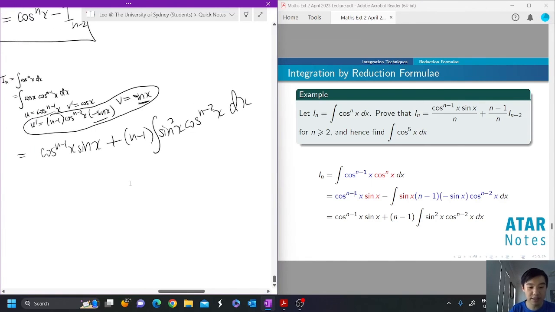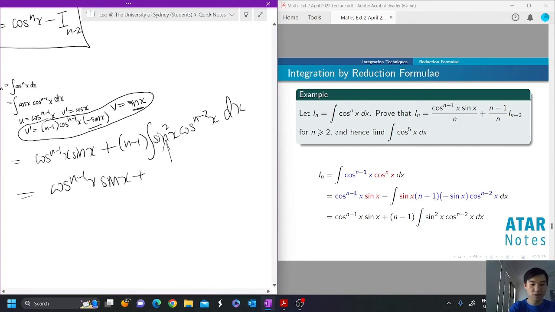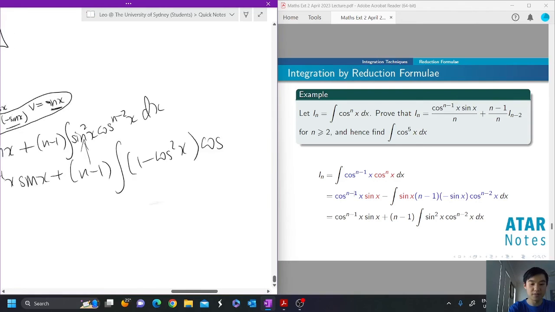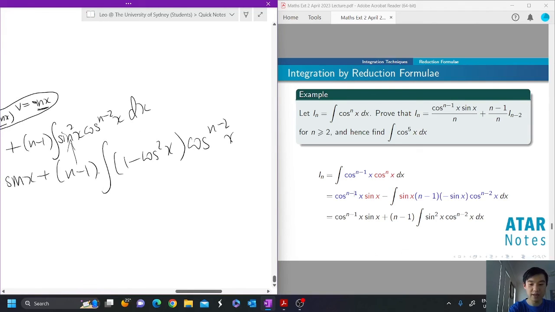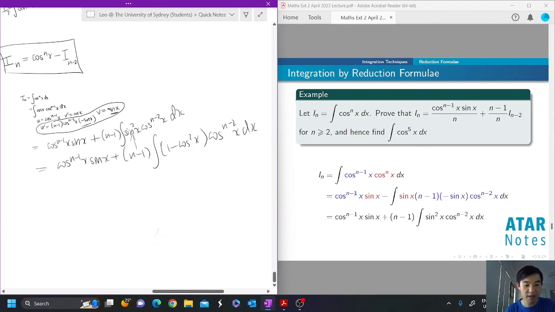And the way you continue doing this is, notice how this is sine squared x. You can convert that in terms of cos. So this will be 1 minus cos squared x, times cos^(n-2) x dx, like so, after you apply integration by parts.